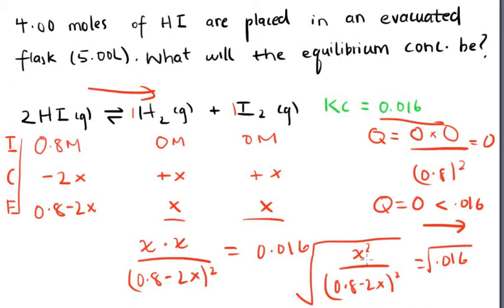Then we're left with just x to the 1, and then we can rearrange it and get x. And what I get is x equals about 0.0808. So now that we have x, we can get the actual equilibrium concentration, which is this, right?